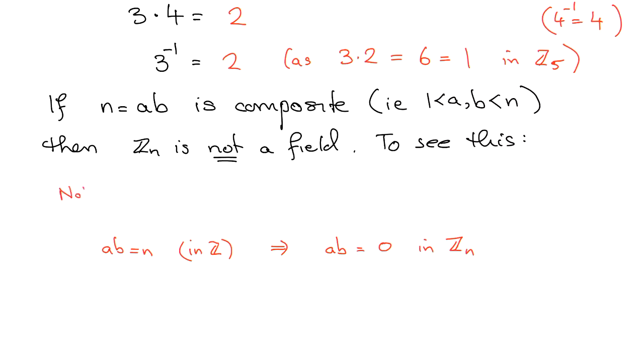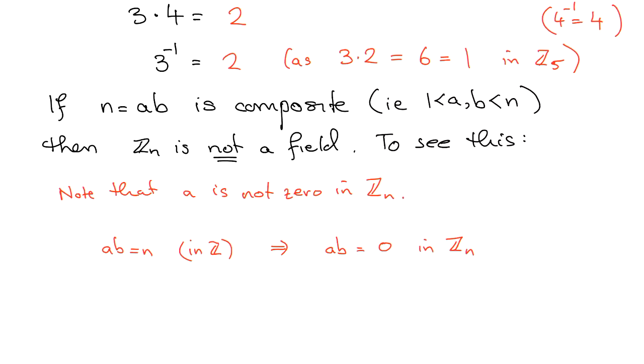Note that A is not 0 in Zn. So it's the A from up above. It's not 0 because A is something strictly between 1 and n. So it's one of the non-zero elements in Zn.